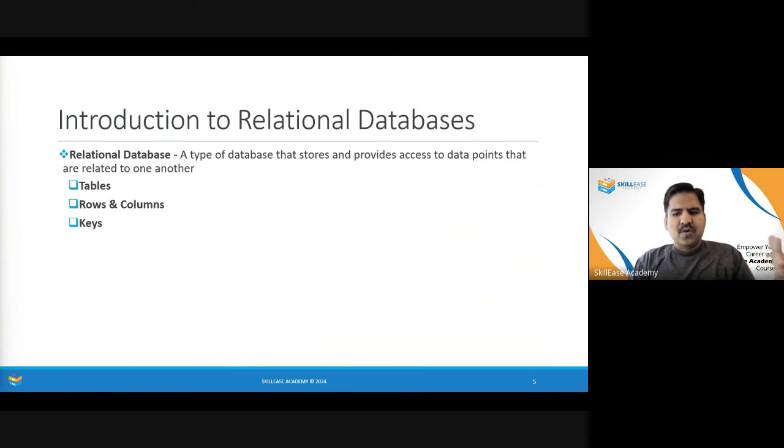Similarly, rows and columns represent each data for a particular object. So a column specifies a specific attribute of an object. For example, if you are storing customer information in the customer table, you might store specific attributes like the name, the email address.